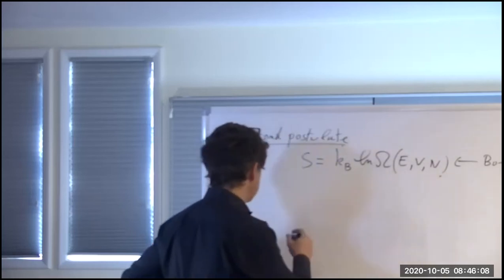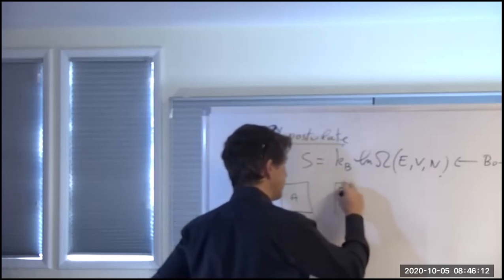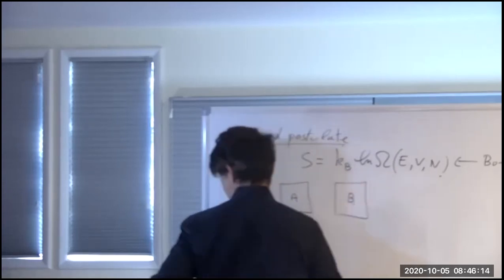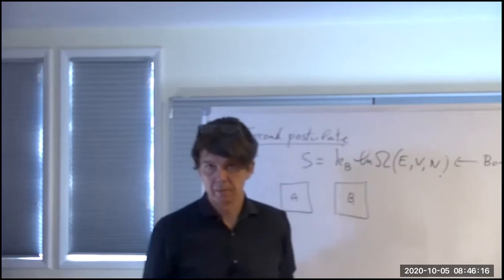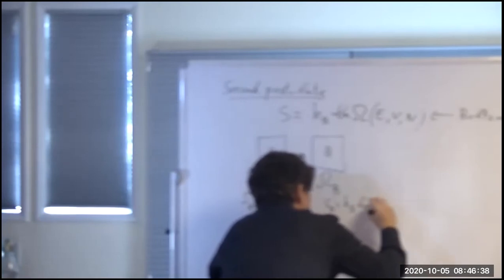And let me tell you why. If I take two systems, and I'll call them A and B, and they have nothing to do with each other, so they're both isolated. So this would have an omega_A, and this would have an omega_B, a number of microstates, and I could define the entropy of them. S_A is k_B log omega_A, and here I would have S_B is k_B log omega_B.